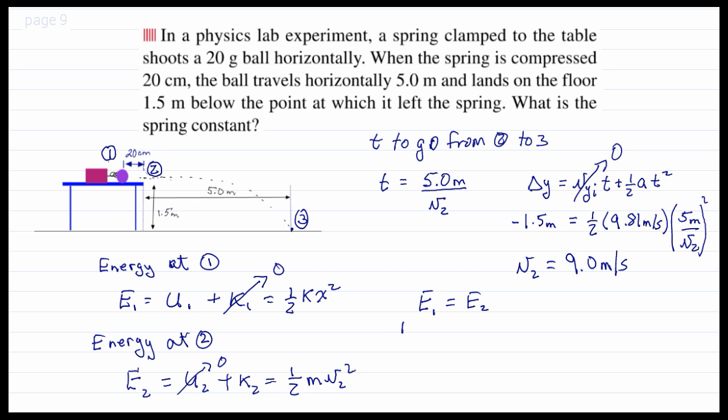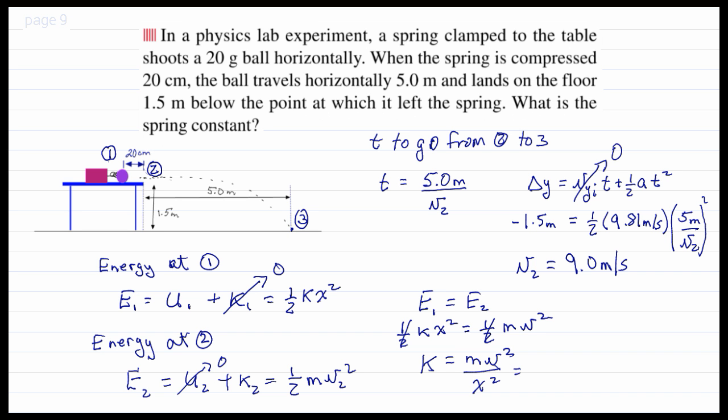So we get 1/2 k x squared is equal to 1/2 m v squared. We can simplify this. We can multiply both sides by 2 and solve for k by dividing both sides by x squared, and we obtain k equals m v squared over x squared.